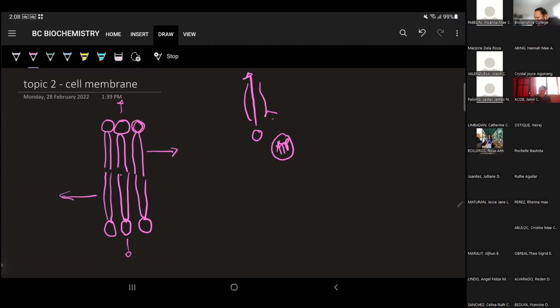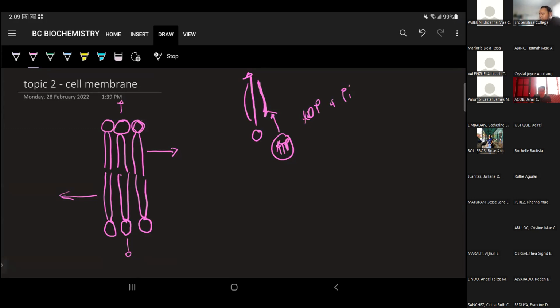ATP binds to that channel or particular site wherein ATP could bind in the receptor, which could be an integral protein, no? What happens is that your ATP will break down one phosphate, so it will become ADP plus an inorganic phosphate.